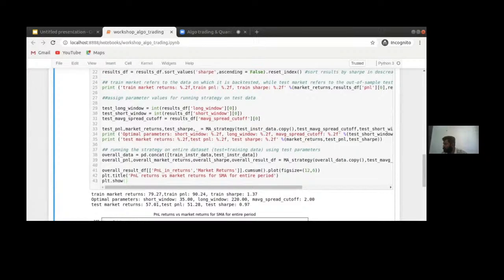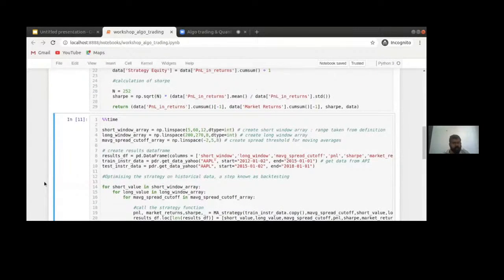Sayantam, a couple of doubts from people. One person wants to know the meaning of position, and what a short and long window is. Position basically means buying and selling.